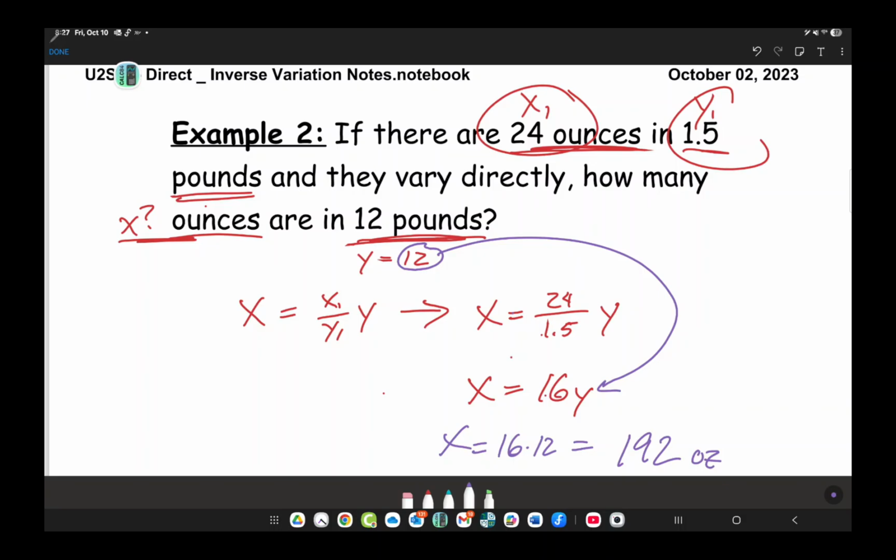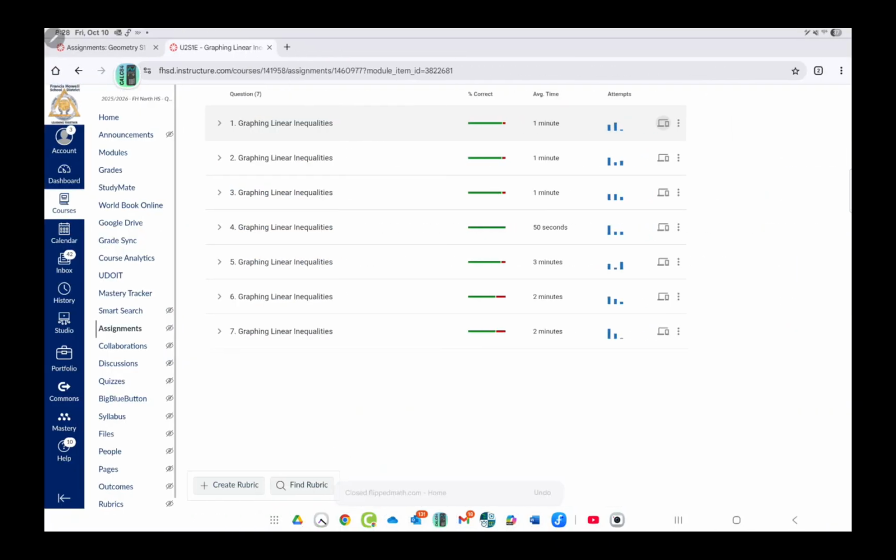All right, so I'm going to have you practice this. Let's look at our spot check.